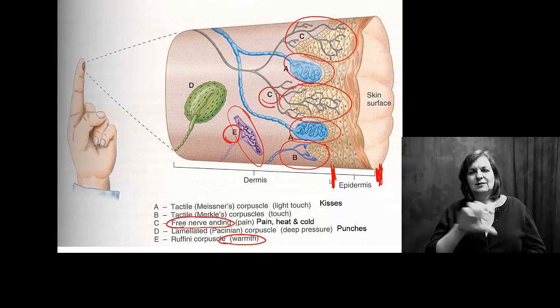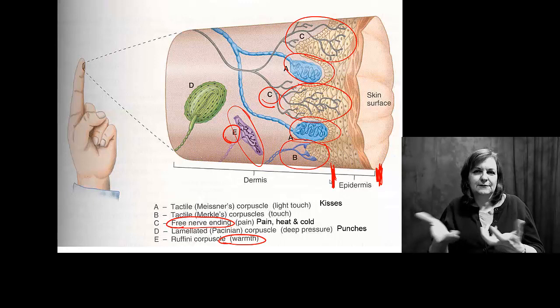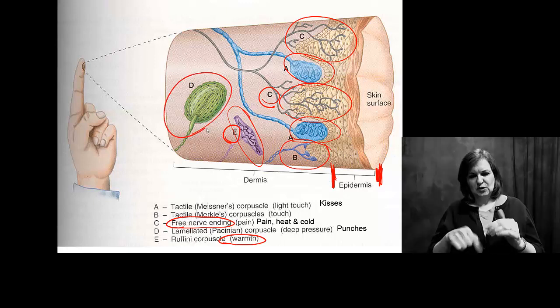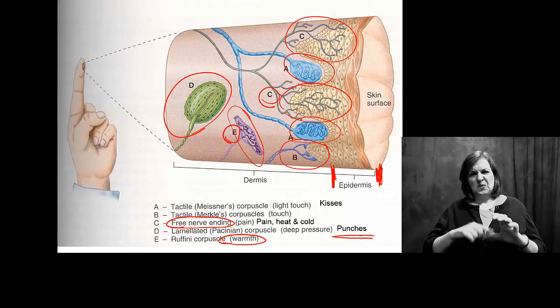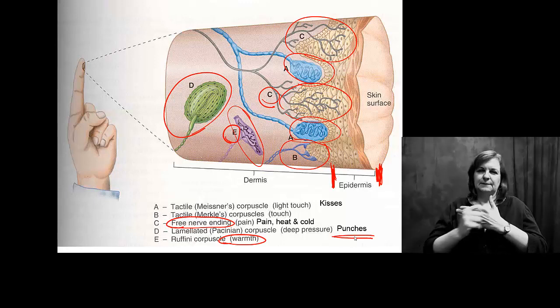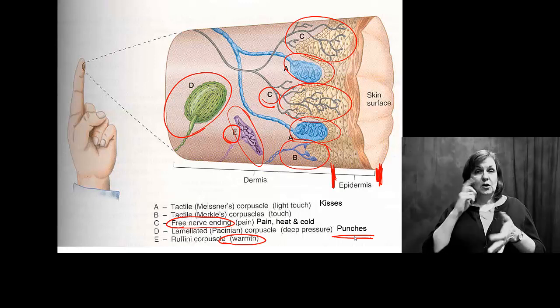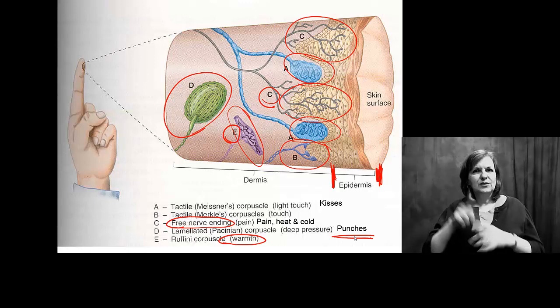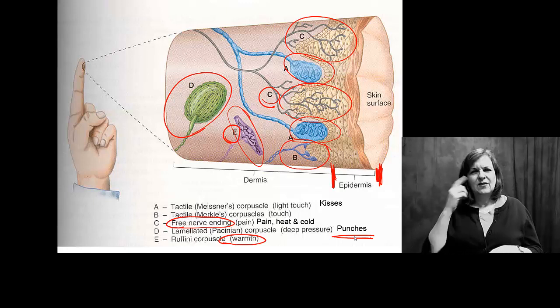So these are light touch sorts of things, tickles and kisses and so on. But when we look down here at this big receptor, D down here, this is associated more with deep tissue, punches, sorts of things. And these are important because your brain needs to distinguish between whether you're being punched or kissed. This is an important distinction, right? So we have to keep these things in mind when we look at different types of receptors.